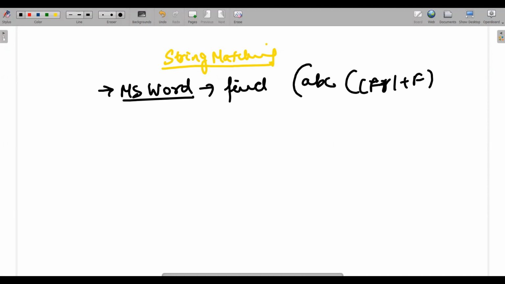So the text which is similar to ABC is found. It means it is using some approach to find the pattern in the text. The pattern is ABC.